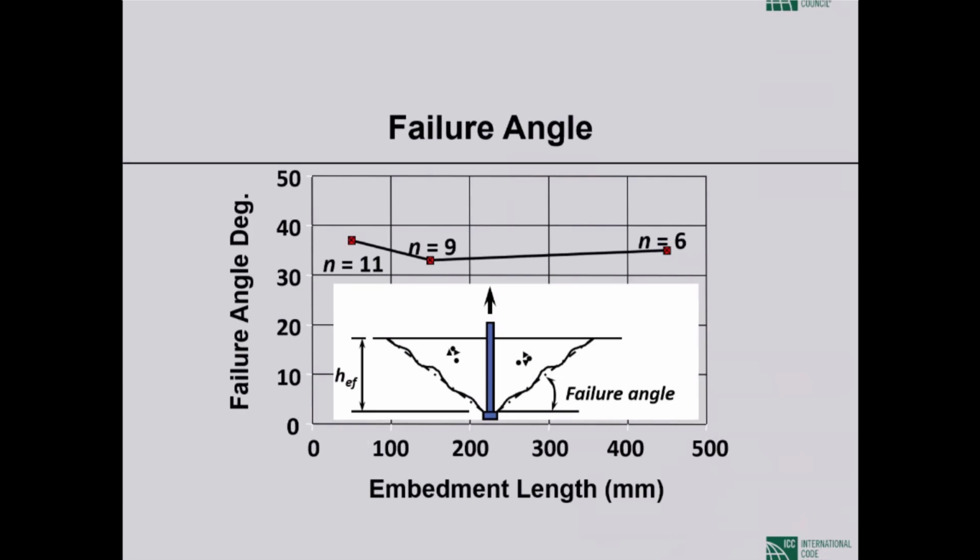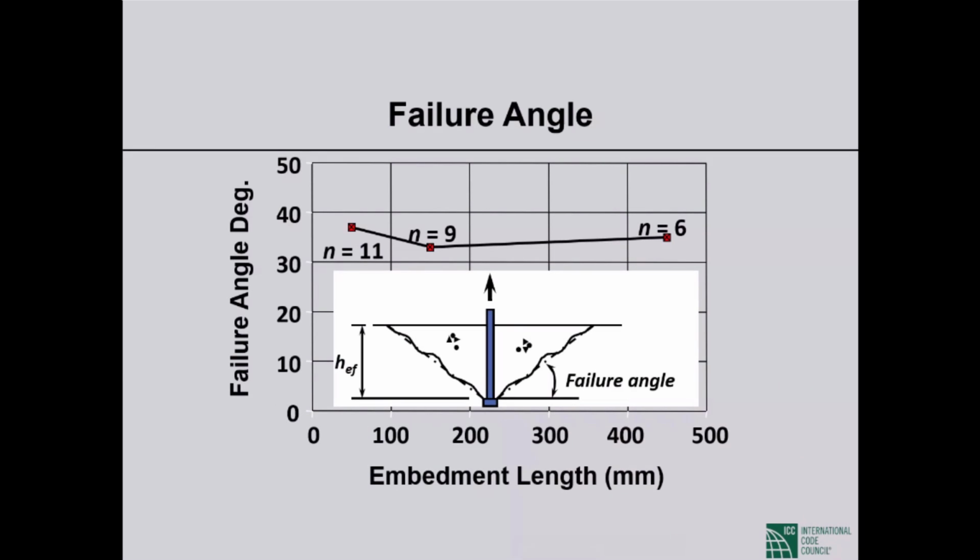Before the concrete capacity design method, we used to use intersecting cones. The idea was that when an anchor subject to tension pulls out of the concrete, it typically takes a chunk of concrete with it.